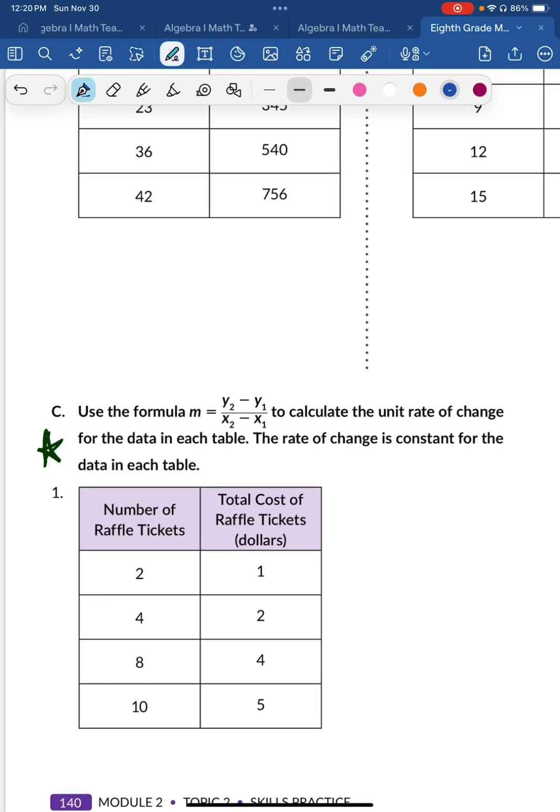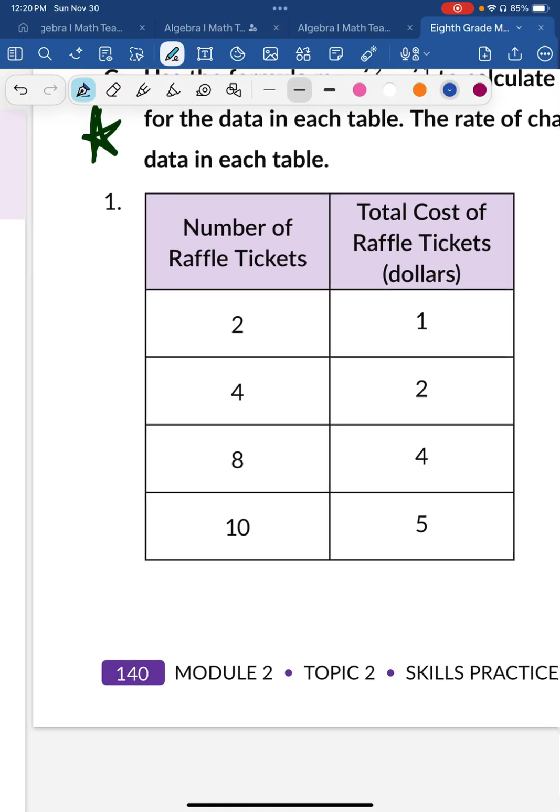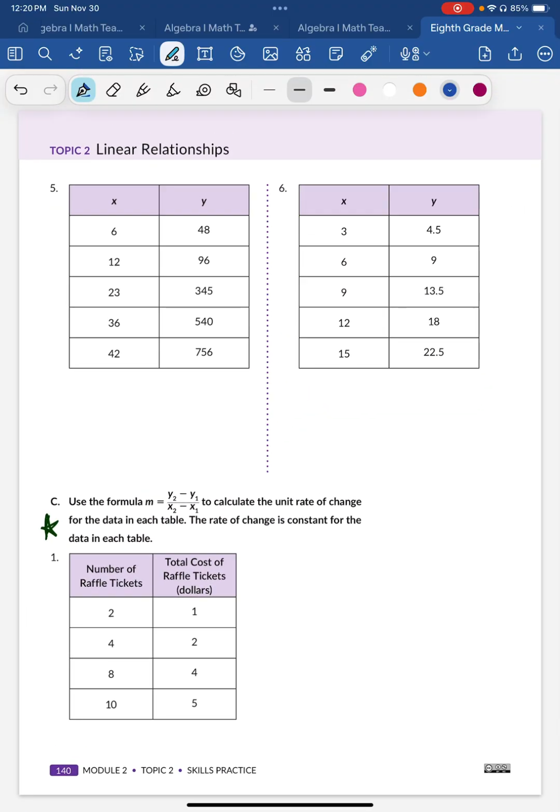Let's do this one. We're going now on page 140. Use the formula slope m equals y2 minus y1 over x2 minus x1 to calculate the unit rate of change for the data in each table. The rate of change is constant for the data in each table.